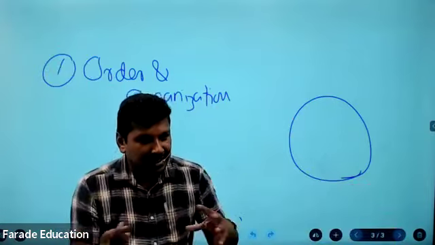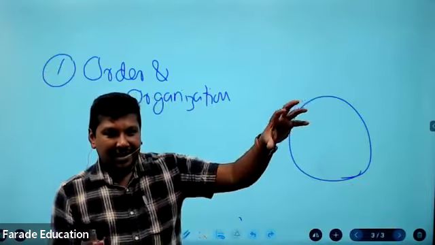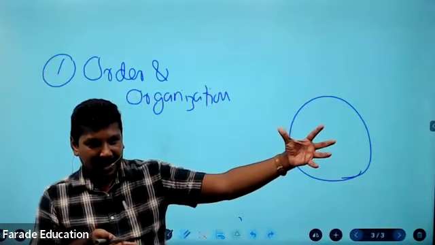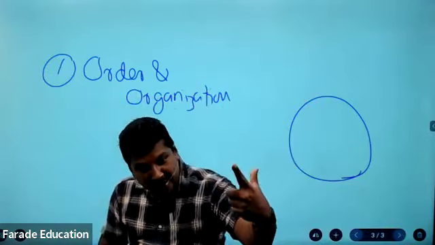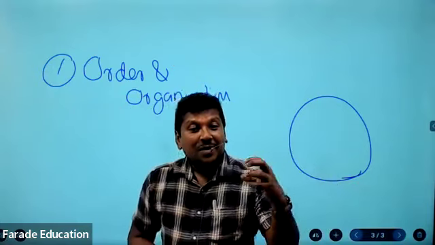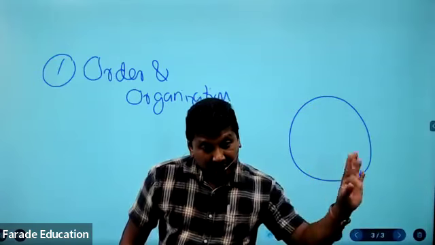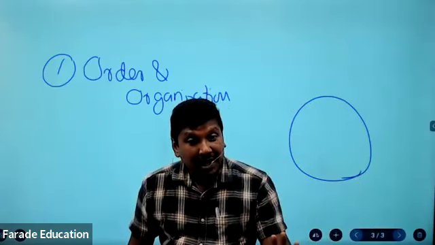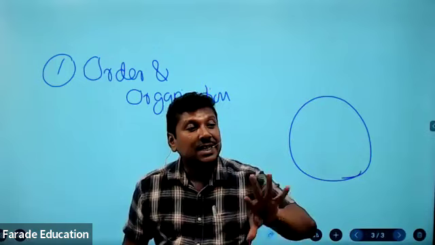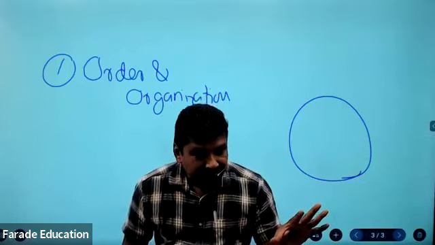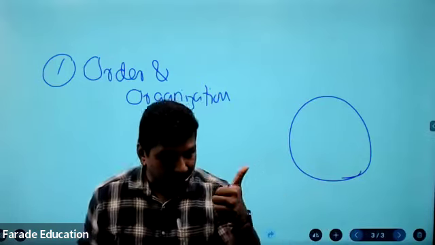You don't have this type of organization pattern. So this is the number one feature of organisms, which differentiates them from non-living things: order and organization. Understood? Clear? So that is number one.